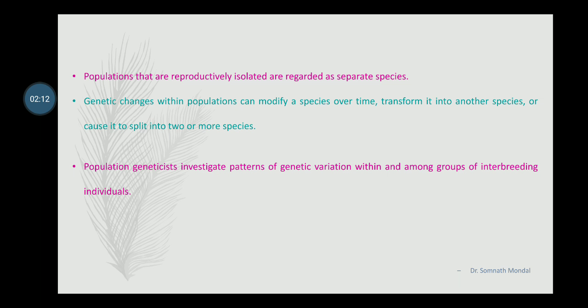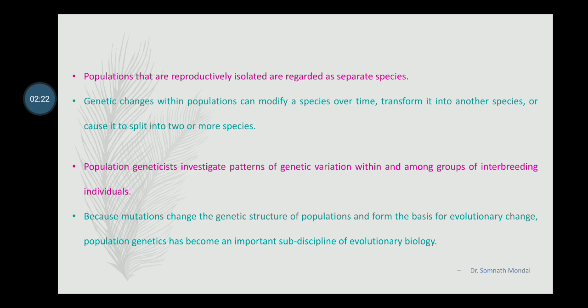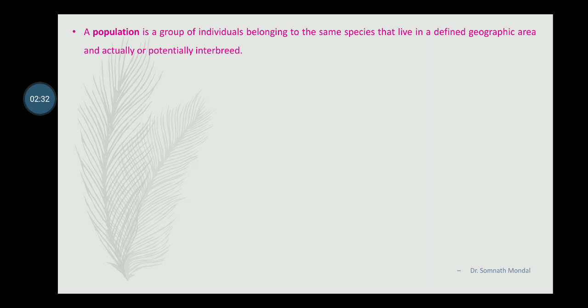Population geneticists investigate the patterns of genetic variation within and among groups of interbreeding individuals. Thus, population genetics has become an integral part, a subdivision, of evolutionary biology. A population can be defined as a group of individuals belonging to the same species that live in a defined geographic area and actually or potentially interbreed.